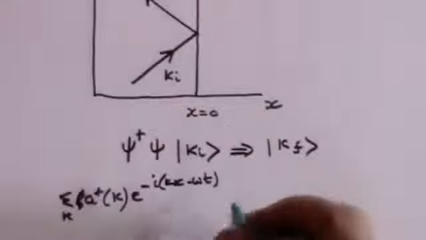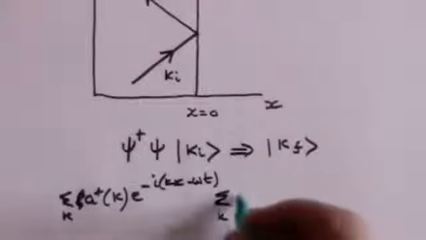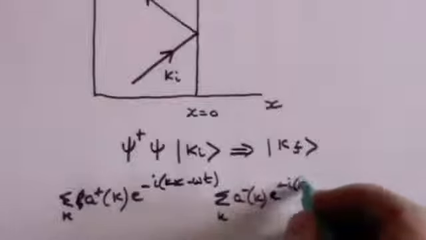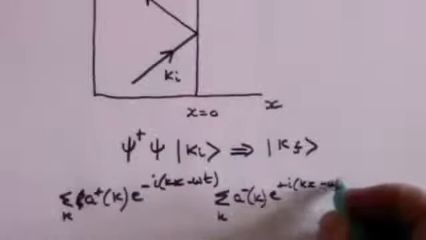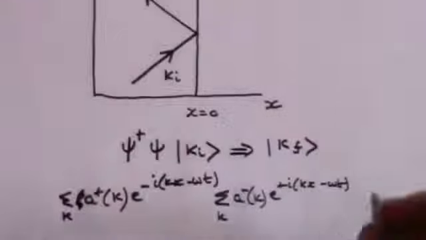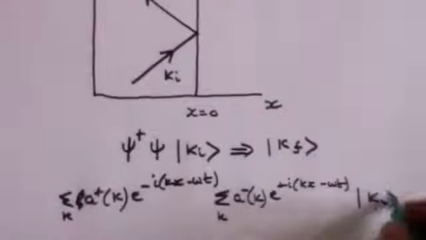And this psi will be the sum over k of a- of k e to the plus i (kx minus omega t). And that will all act on the state ki.